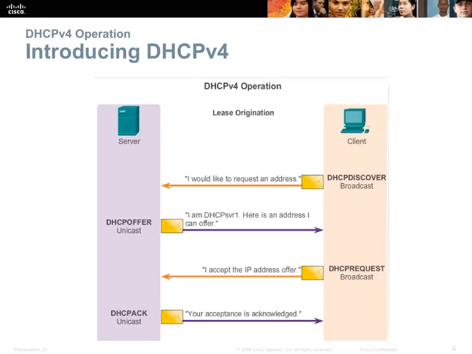And it's important to have just a general idea of how the process works. So, right? Discover. This is a broadcast. Do we have any IP addresses at this point? No, so what do we have to use in order to get it to broadcast?